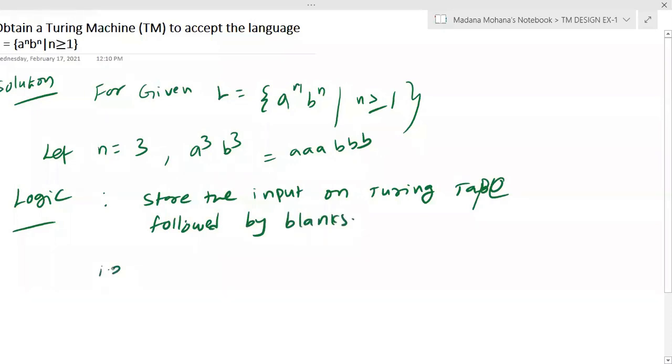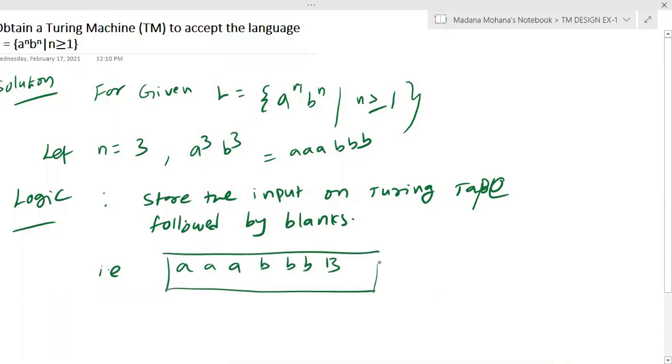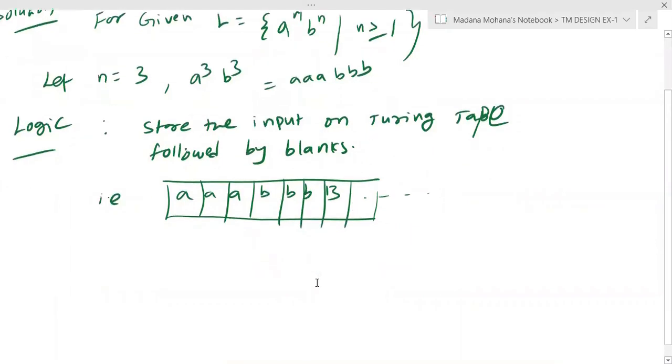Now you can see here we have 3 a's, then 3 b's. At the end, you can include blanks whenever you want to extend the Turing tape towards the right end infinitely based on the symbols. So this is the initial configuration.